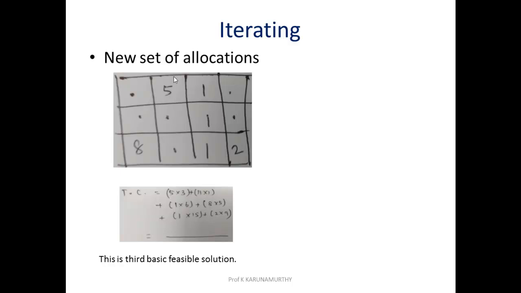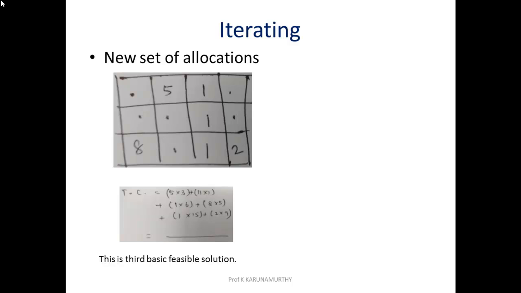Now we don't know whether this obtained third basic feasible solution is optimum or not. So to determine the optimality, we have to apply the modified distribution method, that is MODI method. So for that we have to follow this U plus V procedure. Right. So the first step is that we have to write the cost matrix for the allocated cells.